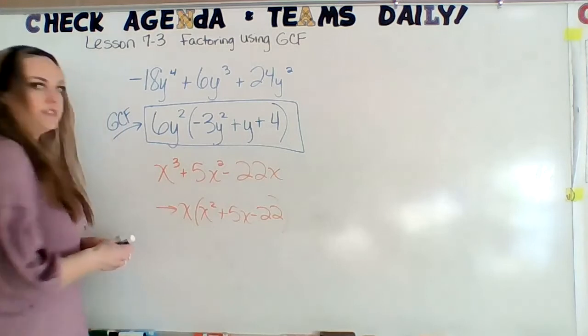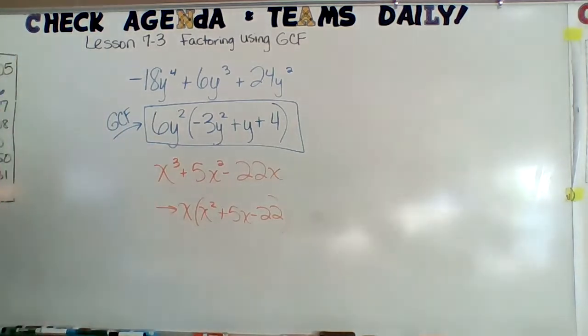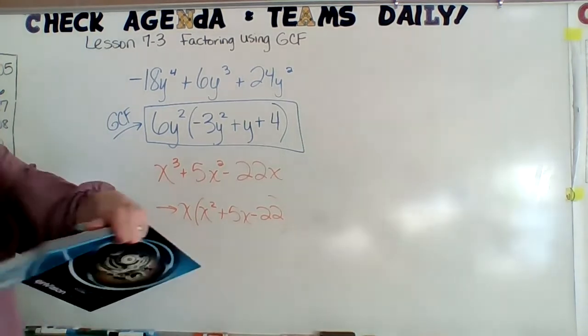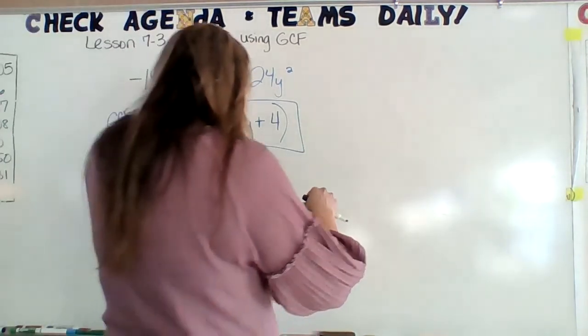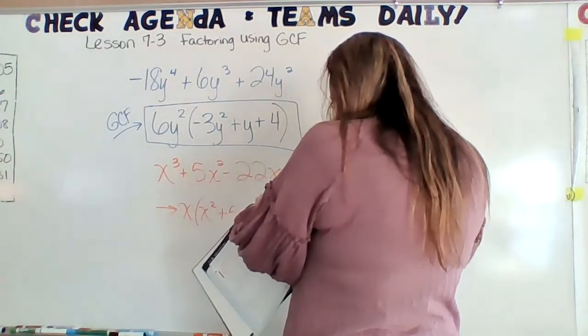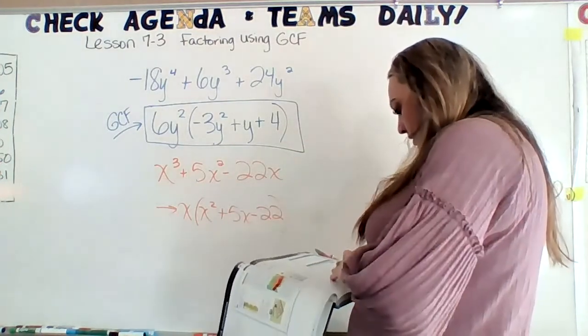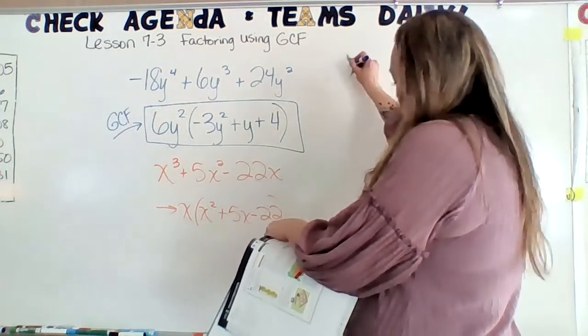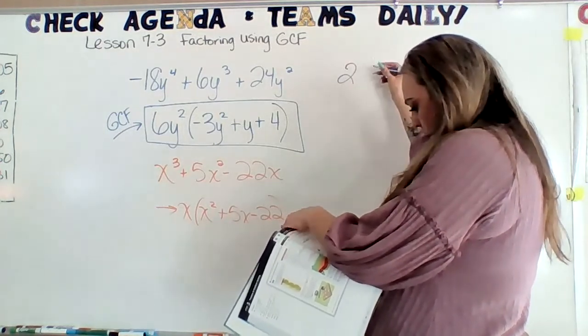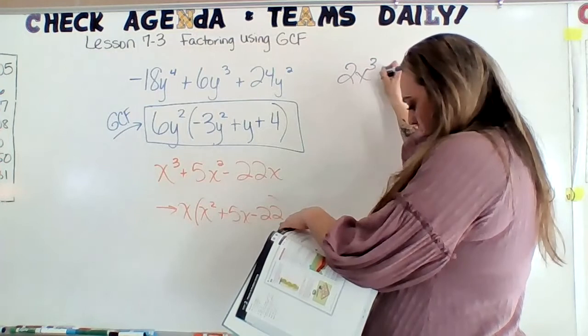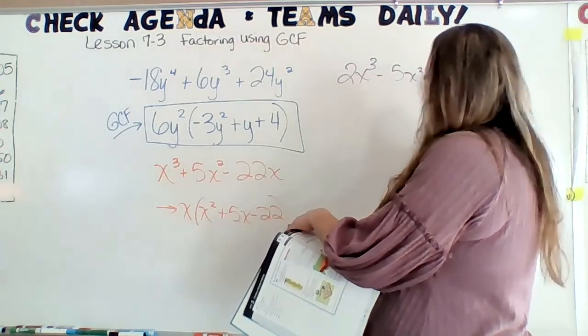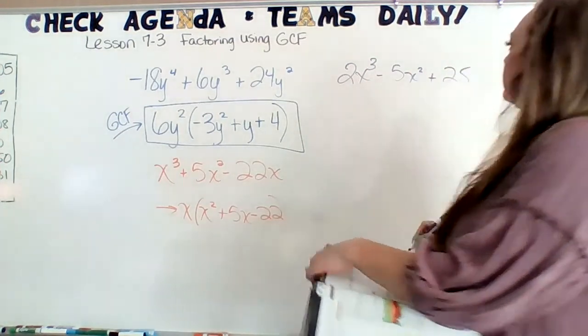You might also see something that looks like this: 2x cubed minus 5x squared plus 25.